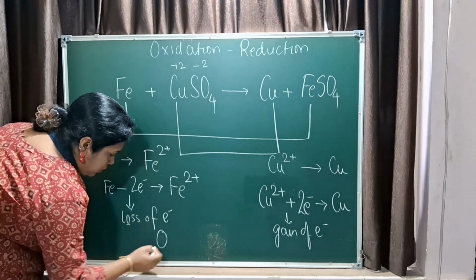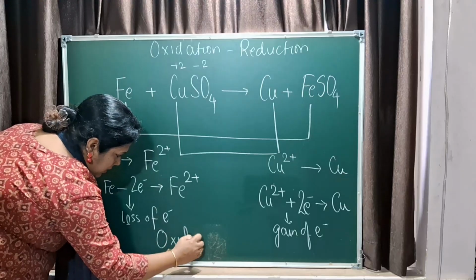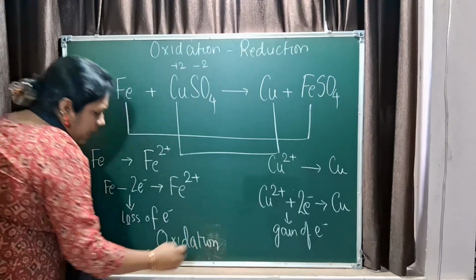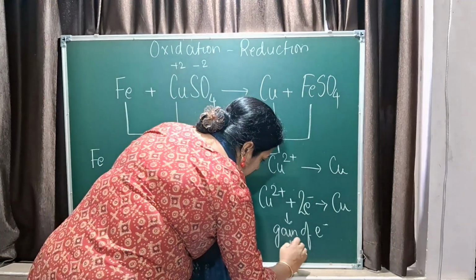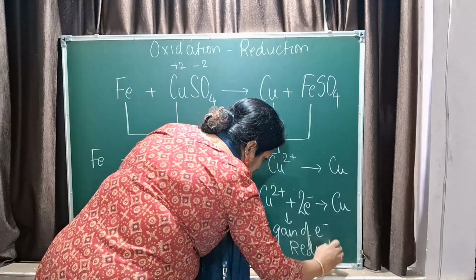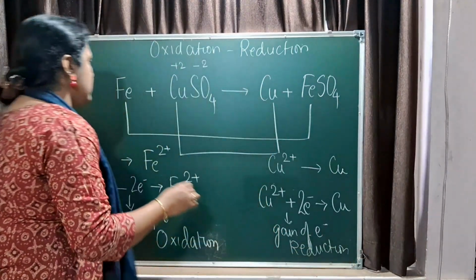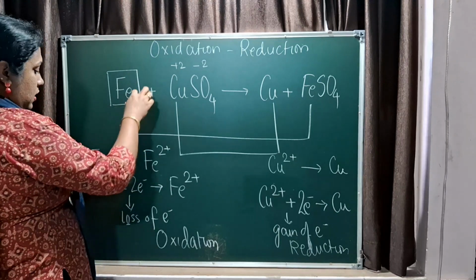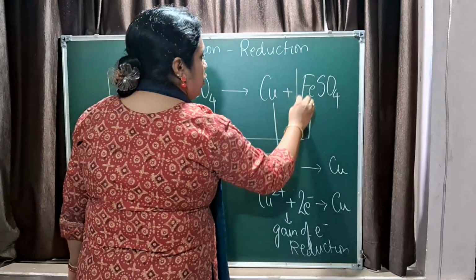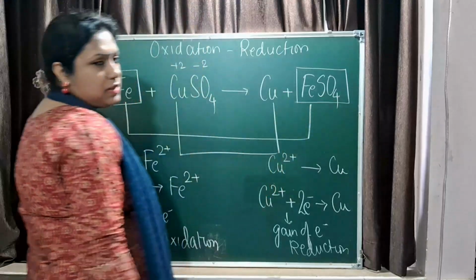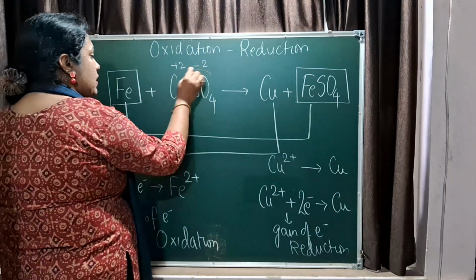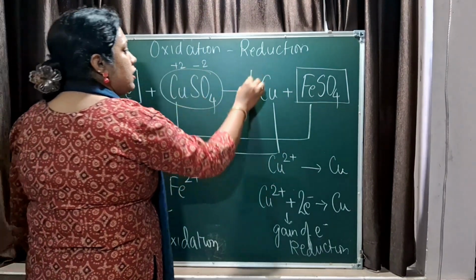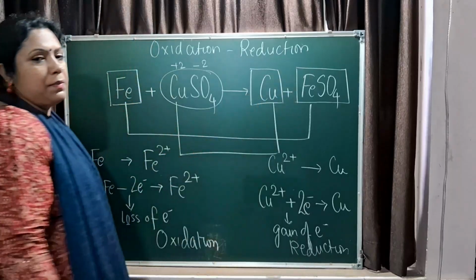Remember, loss of electron is oxidation and gain of electron is reduction. So in this case, iron is getting oxidized to ferrous sulfate and copper sulfate is getting reduced to copper metal.